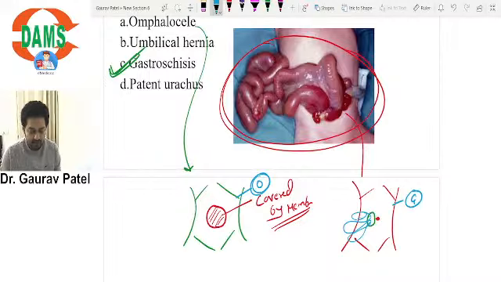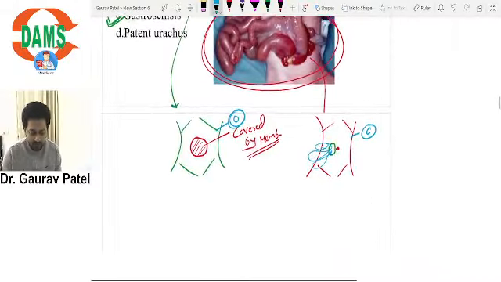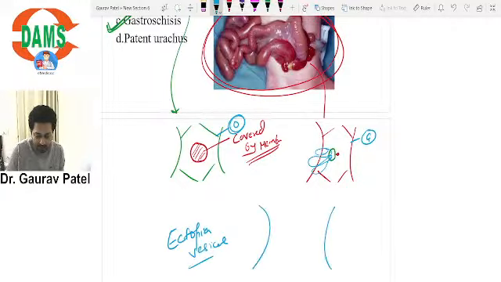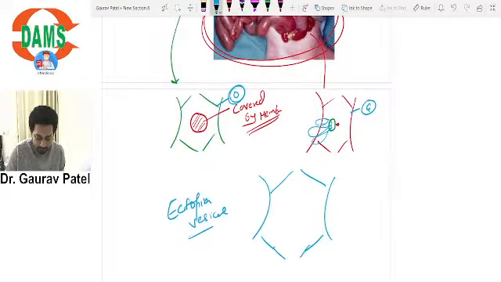Another picture which can give you confusing images: ectopia vesicae. This is also a congenital abdominal wall defect in which the anterior abdominal wall below the umbilicus is absent.